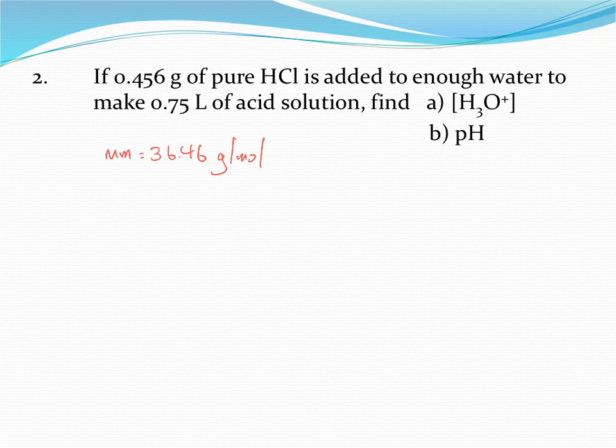Now with that, we're going to figure out the number of moles of hydrochloric acid that we have. We take 0.456 grams and multiply it by 1 mole for every 36.46 grams.